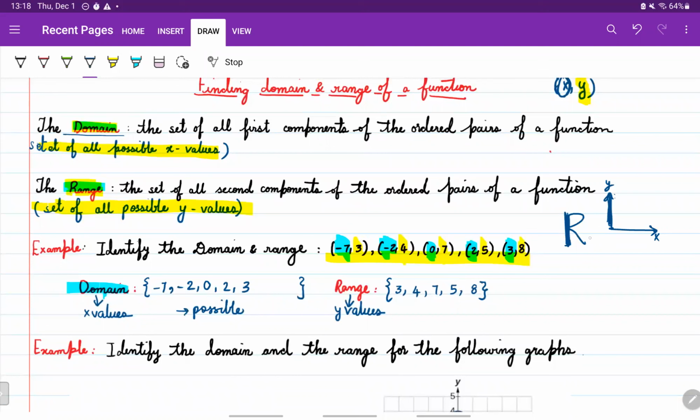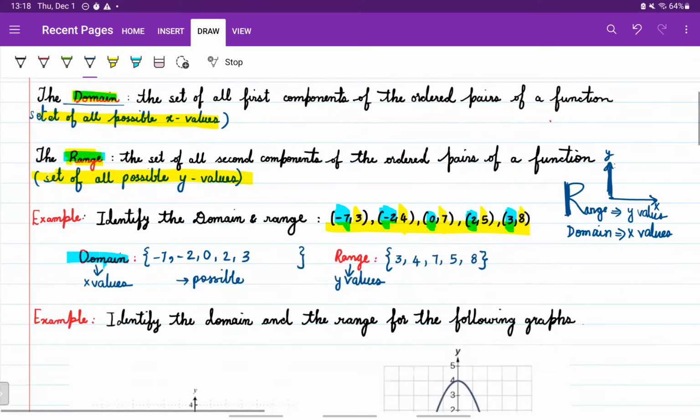So that's how I remember range, by associating it with all the possible y values. And for the domain, because y is already taken, it's all the x values. I hope this helps you remember which values correspond to the domain and which correspond to the range.